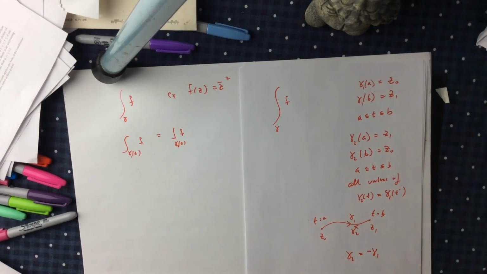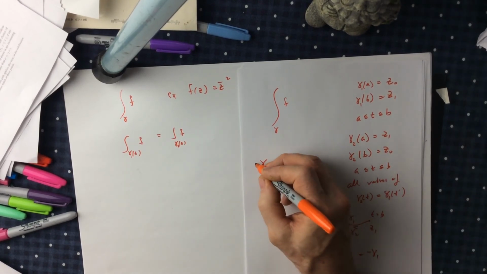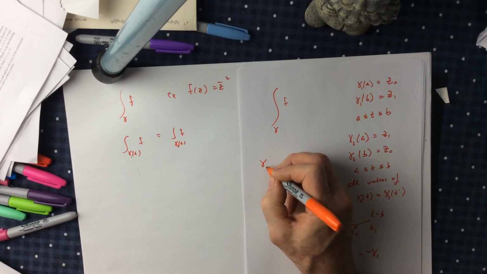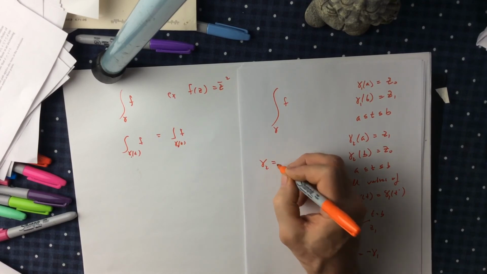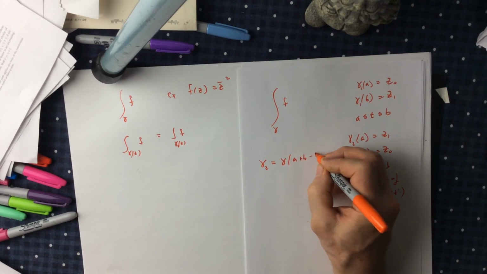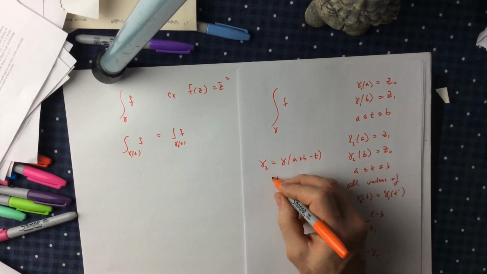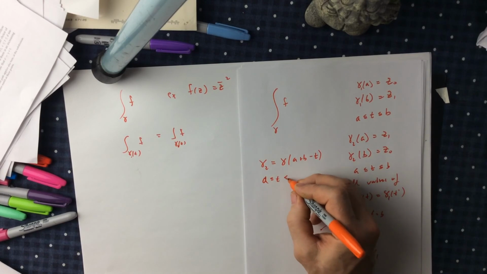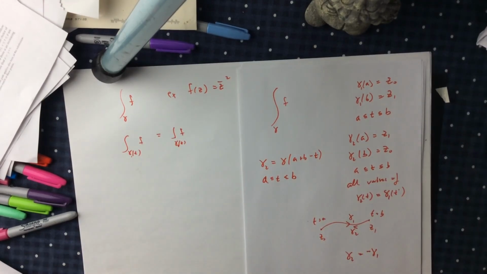Well, let's try this. Let's define gamma 2 to be the original gamma with a plus b minus t, and we take a look at this.